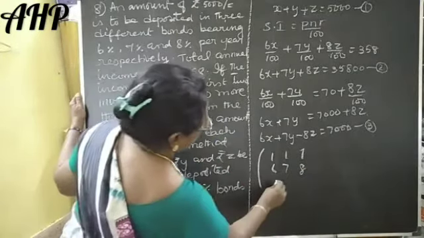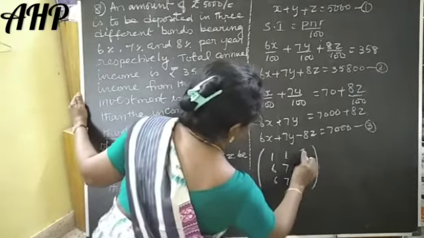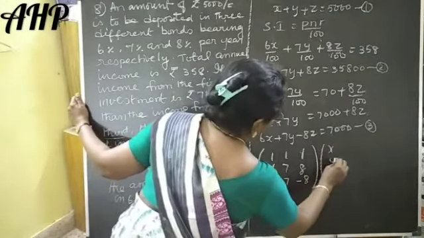Third equation is 6, 7, minus 8, into x, y, z is equal to 5,000, 35,800, and 7,000.